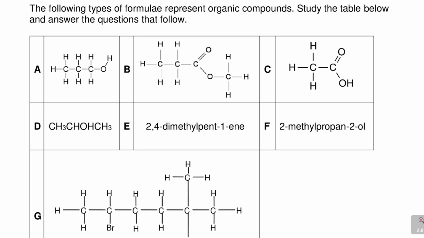So let's look at compound B, and if you look at that compound, you have this as the functional group, meaning it's carbon double bond, carbon, and then this, and then this. And then what do you call this type of compound?